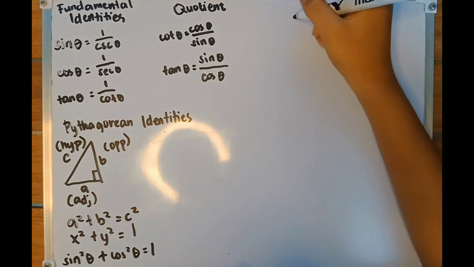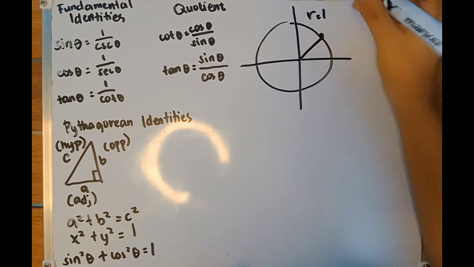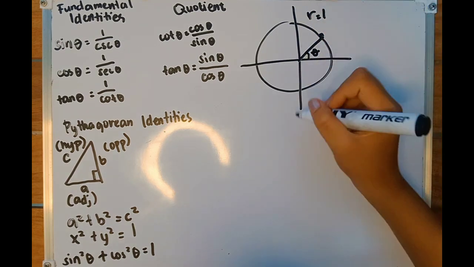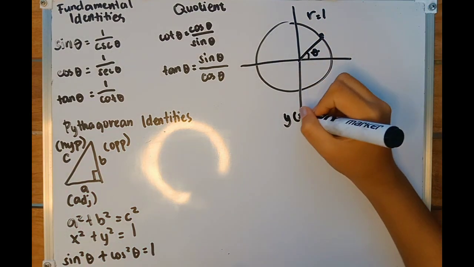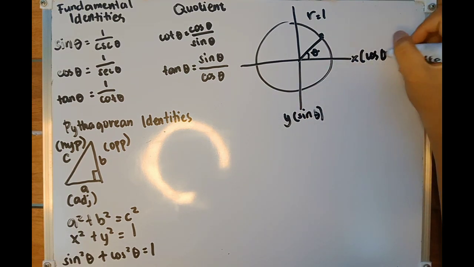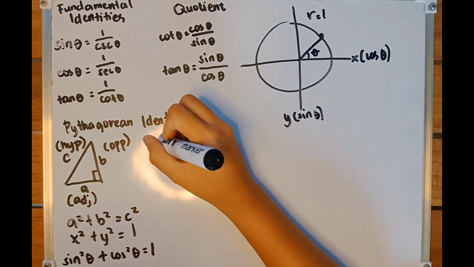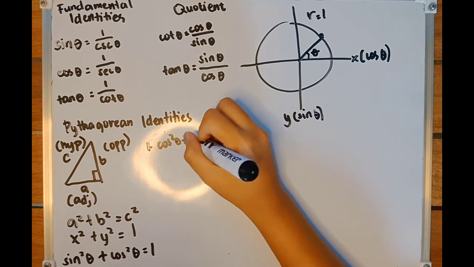Again, in the unit circle, when we have a coordinate point on the circle with a radius of 1 and an angle measure of theta, the y is sine theta and the x is cosine theta. Our Pythagorean identity is sine squared theta plus cosine squared theta equals 1.